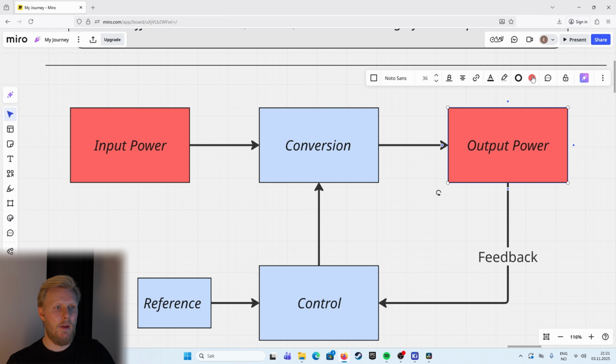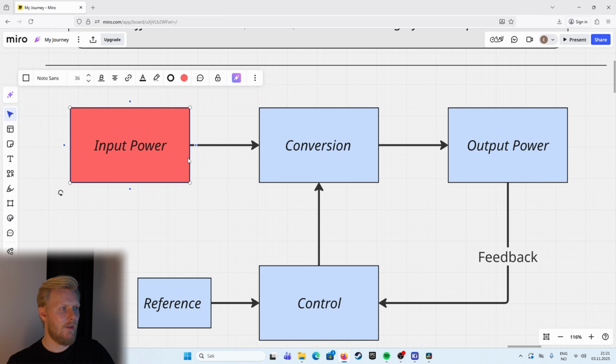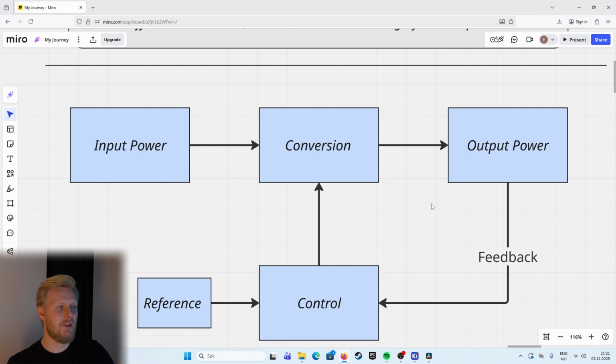So we take some input power and we want some output power based on some design documents or something from a customer or whatever, to fit into that specific application.